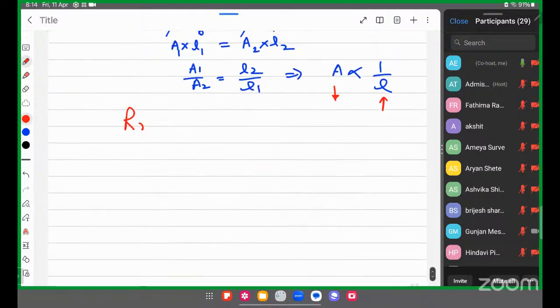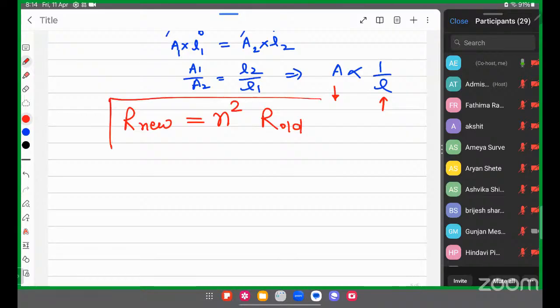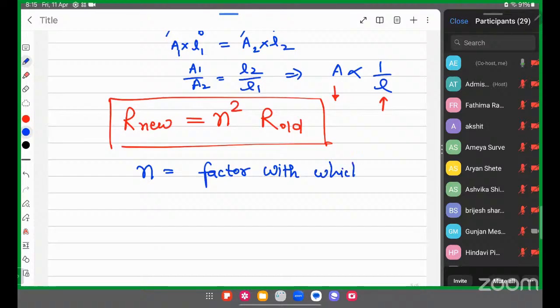So new resistance will be n square times old resistance. What is n here? n is the factor with which length is changed.